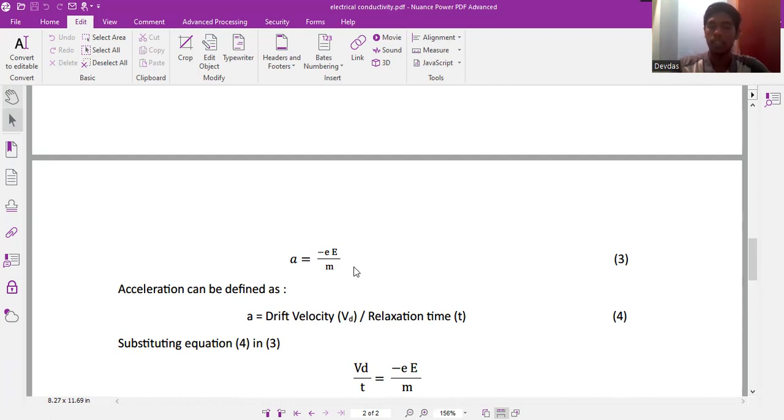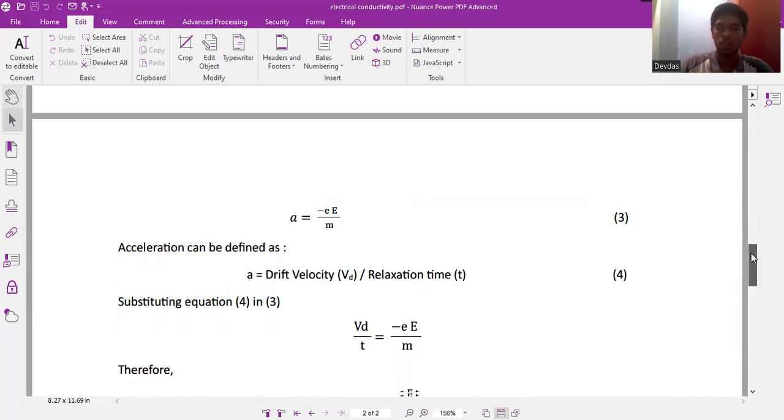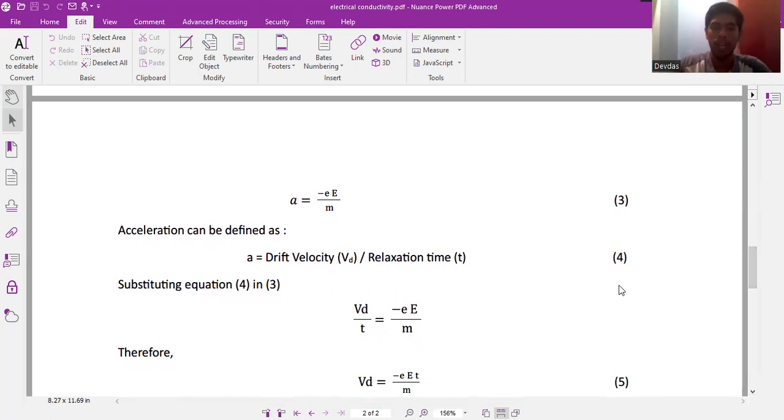Now let's take this as equation 3 and keep it aside. Acceleration a is equal to drift velocity Vd by relaxation time. Substituting equation 4 in equation 3, we get Vd by t is equal to minus e into electric field E by m, where Vd is the drift velocity and t is the relaxation time.